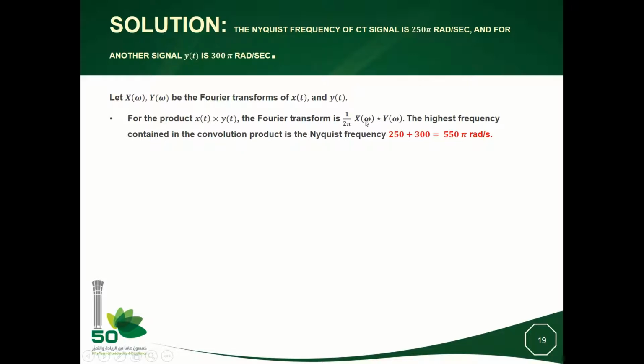When we do convolution in the frequency domain, the highest frequency contained in this convolution product is the sum of the Nyquist frequencies for each signal x(t) and y(t). So the answer here is 550π, which is the sum of the two Nyquist frequencies.